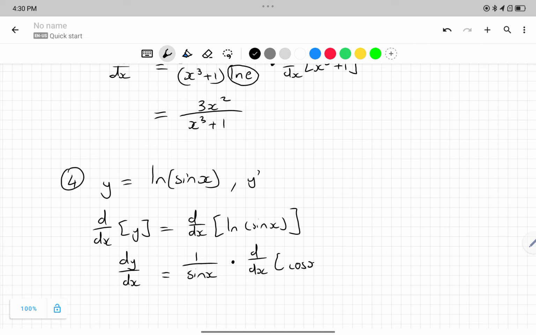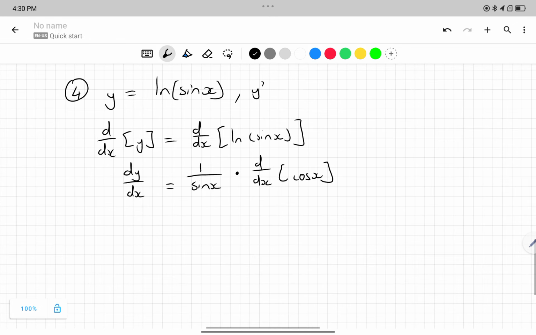What is inside is sin x, and its derivative is cos x. So you have cos x over sin x, which means dy over dx should be equal to cot x.